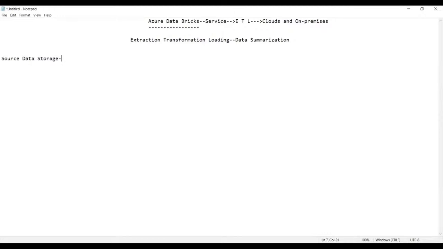The source is a place where we can find the actual data, and from the source we ultimately pass on the data to the target. So source means a place where we can find actual data.